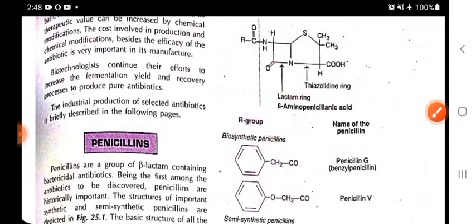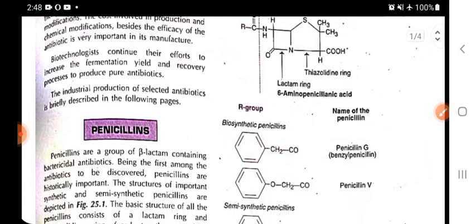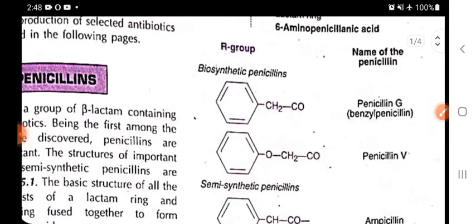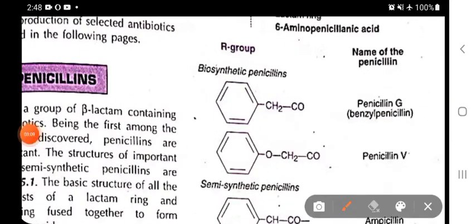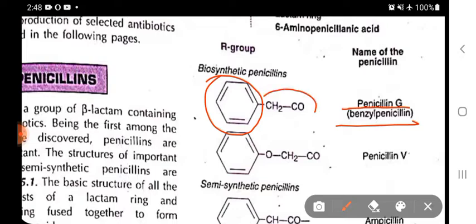So let us see some of the biosynthetic and semi-synthetic penicillins. The most common penicillin that we will find is penicillin G. Penicillin G is also known as benzyl penicillin because of the presence of this benzene group attached with a methyl group.